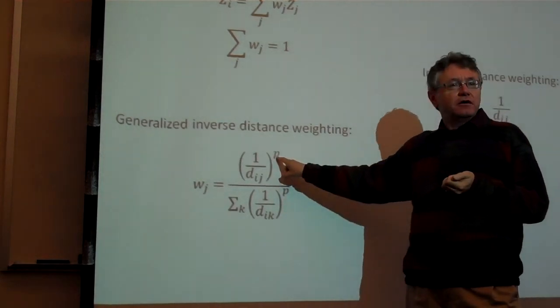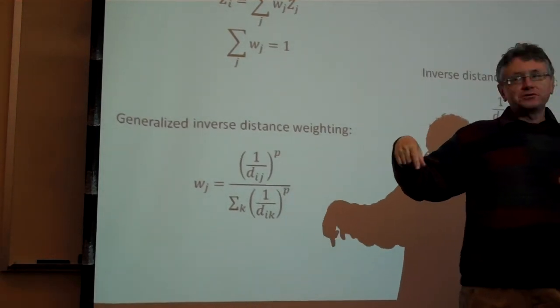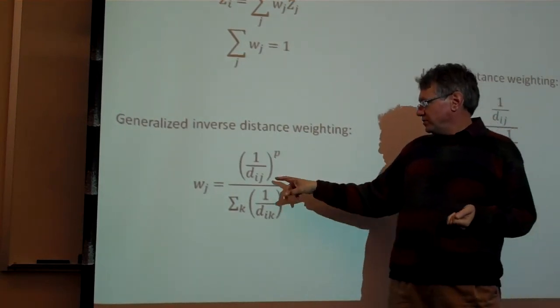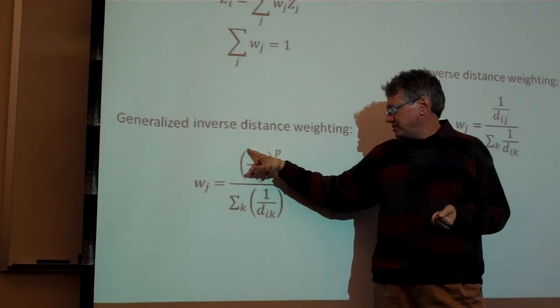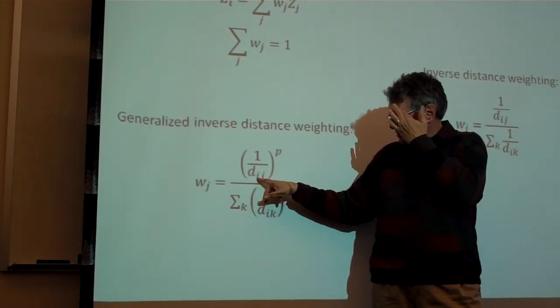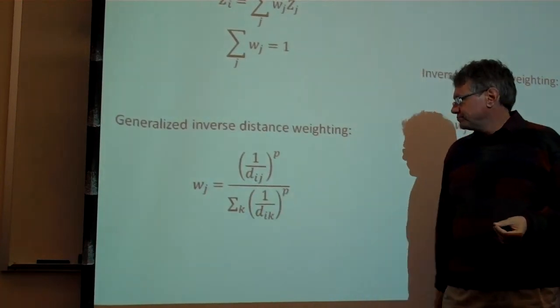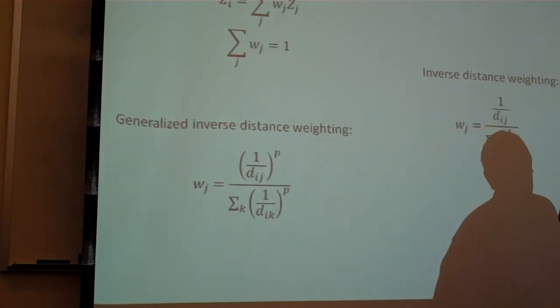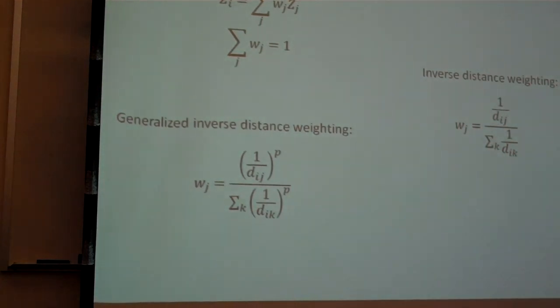As P gets very large, in the limit as P goes to infinity, because this quantity is less than 1, the closest point is going to have all the weight.